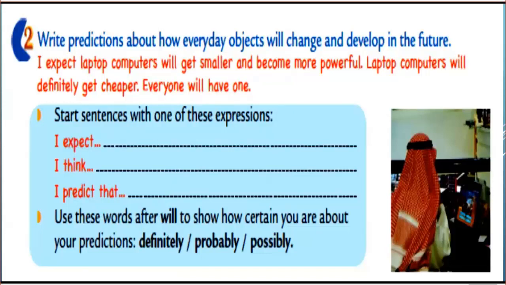Everyone will have one. I want you to start sentences using expressions like I expect, I think, I predict that. Use these words after will to show how certain you are about your prediction. Use the words definitely, probably, and possibly.